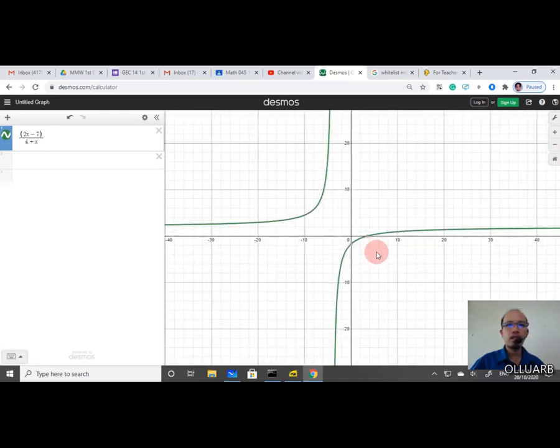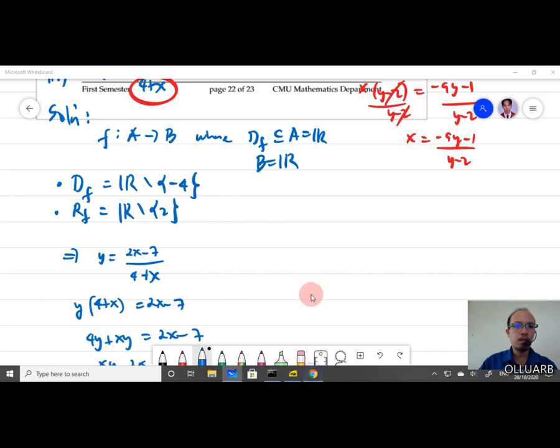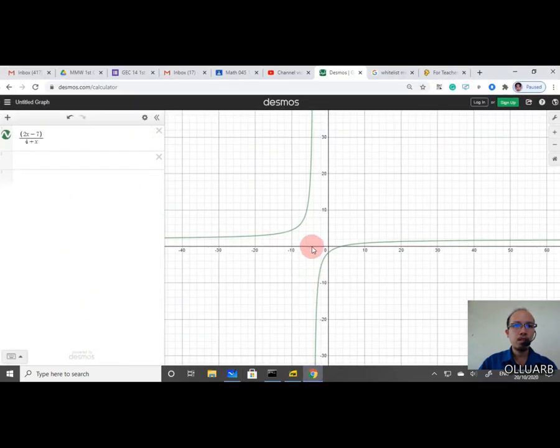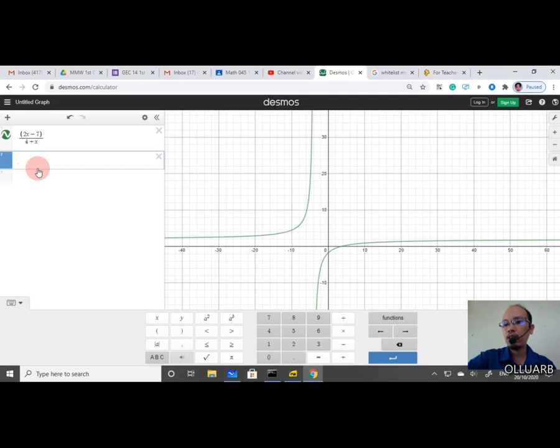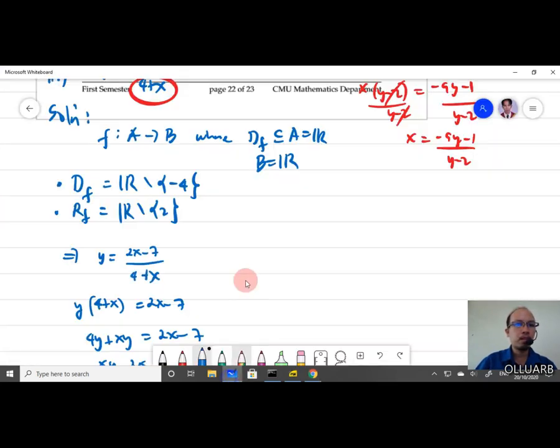So as you can see, we have an asymptote here when x is equal to -4. When x is equal to -4, clearly we have an asymptote. Okay, that one, the purple one.